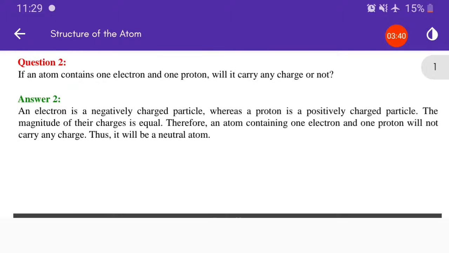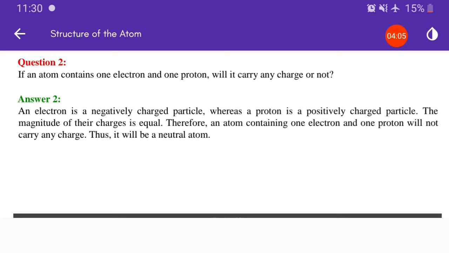Question number 2. If an atom contains 1 electron and 1 proton, will it carry any charge or not? Simply we can give the answer: an electron is a negatively charged particle, whereas a proton is a positively charged particle. The magnitude of their charges is equal.